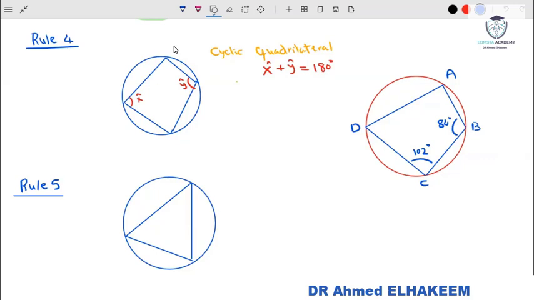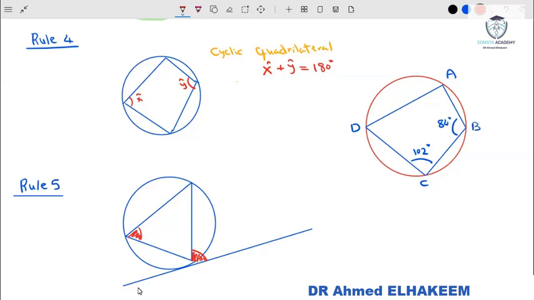You see, 3 chords, and then I have a tangent like that. So if I have an angle here, this angle will be equal to that angle.